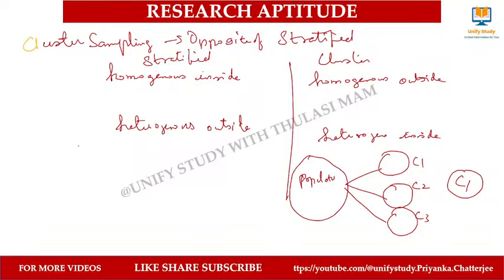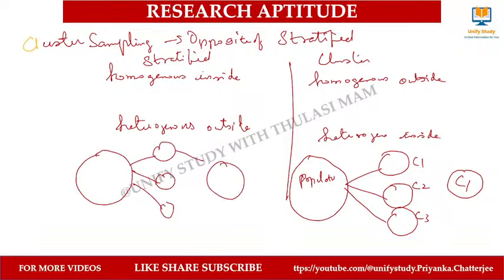But in stratified, I'll be taking a whole population, the strata will be made, and the sample is made one from this group, one from this group, one from this group. But here, one cluster will be taken as the sample, and that we call a cluster sample. Clear? Yes.